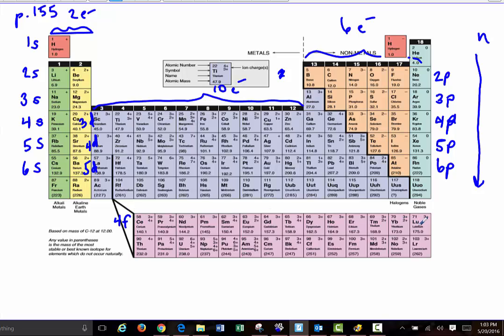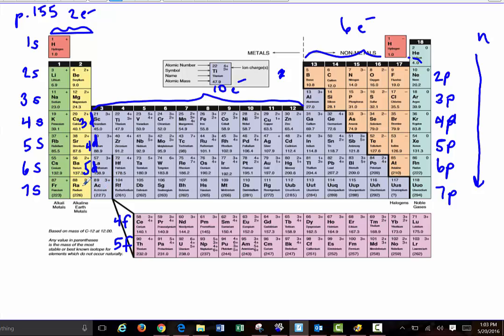Finally we get to the last energy level in our periodic table, which is 7. 7s is here, 7p is over here, and finally we've got 6d right here, the transition metals that live in the center there.